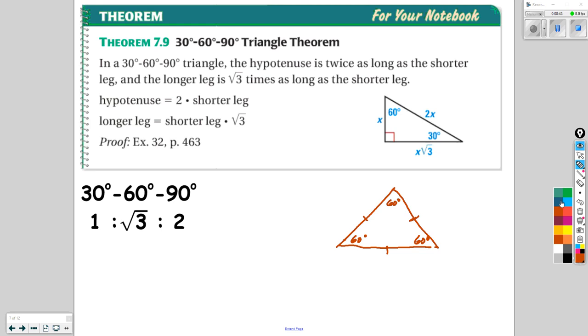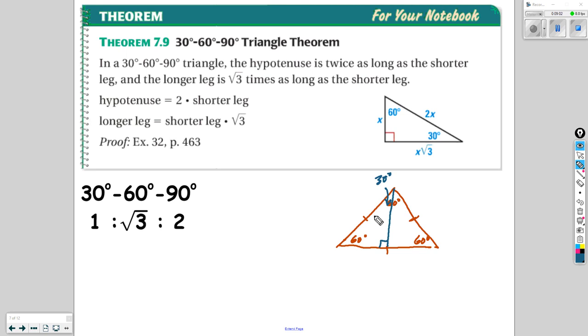Now we're splitting this in half right here from top to bottom. When we do that, we're creating a right angle here, and we're also splitting this angle in half, so that angle would be 30 degrees. So that's how we get this 30, 60, 90 degree right triangle.